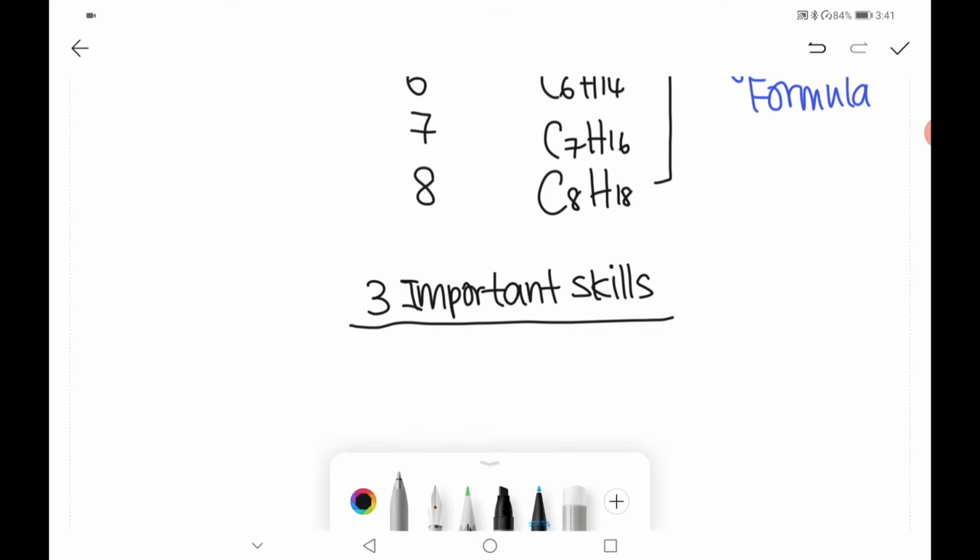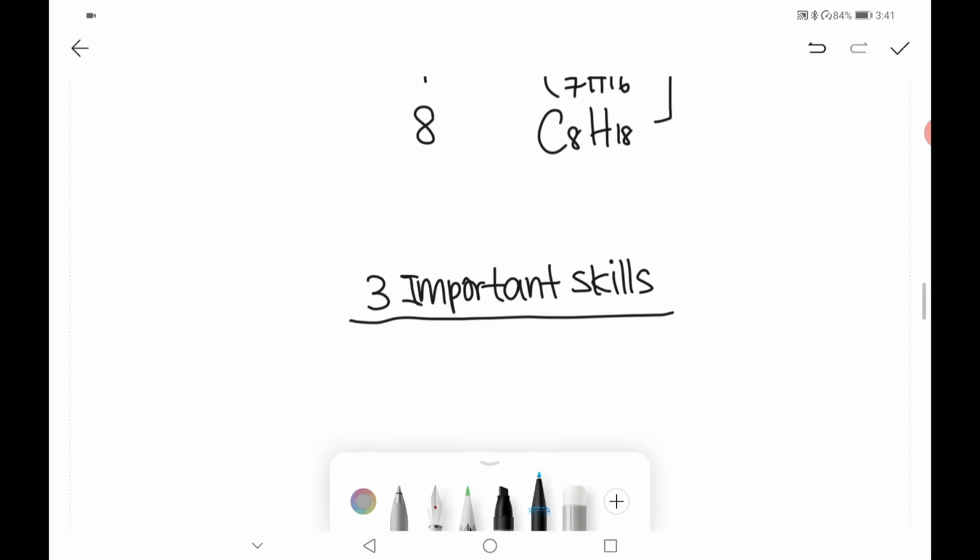There are a total of 3 important skills in this whole chapter. Make sure you master them.